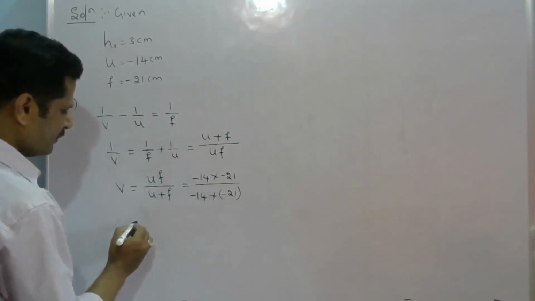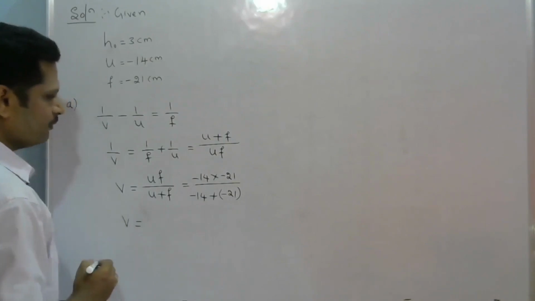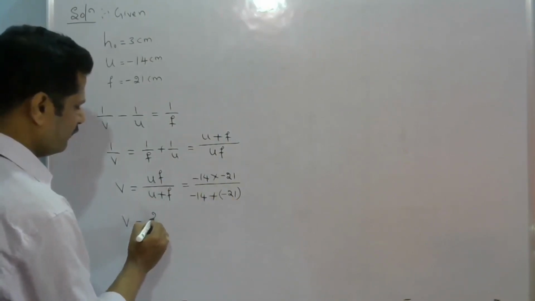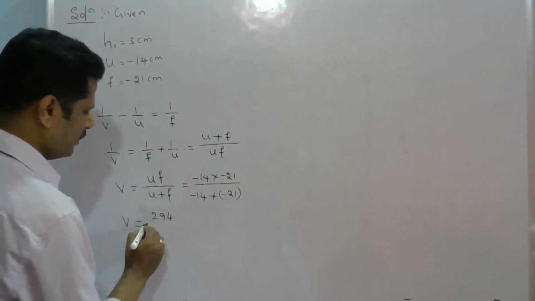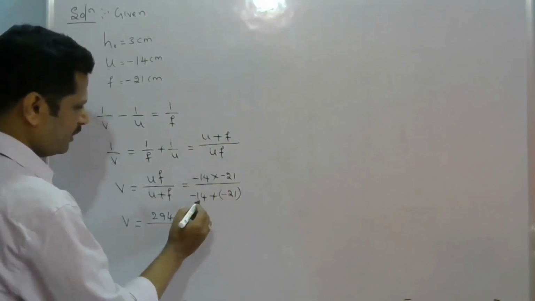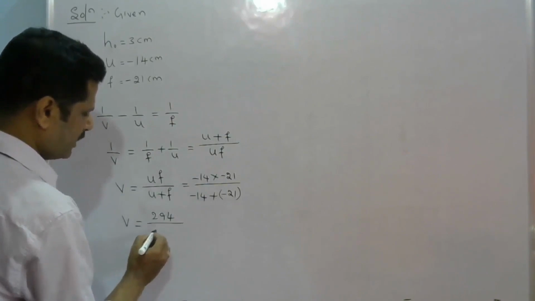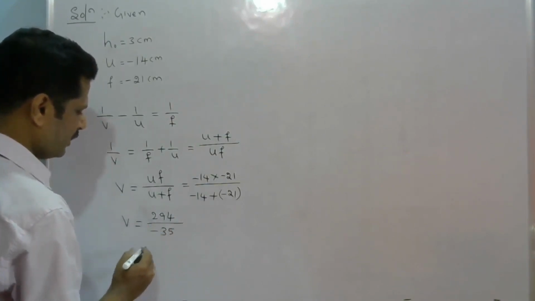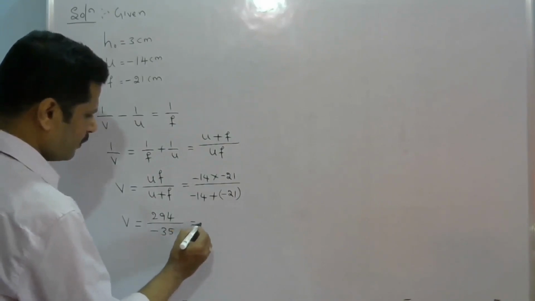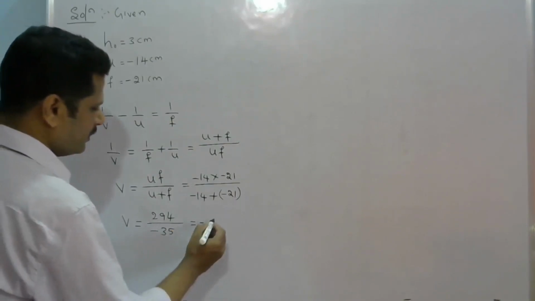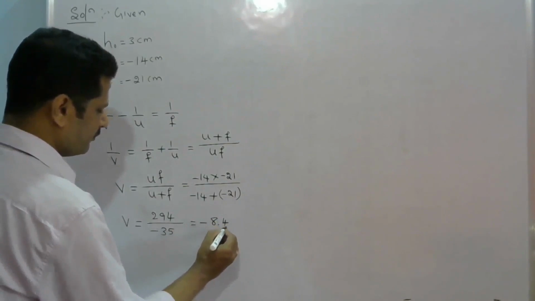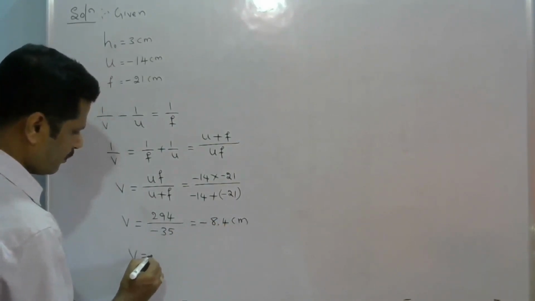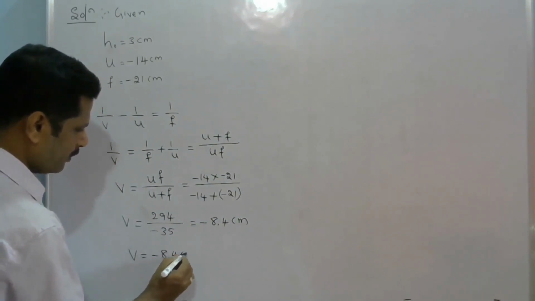On simplifying this, we get V equals 14 into 21, 294, divided by minus into minus, it is plus, and here minus 14 minus 21 becomes minus 35. So 294 divided by minus 35 equals minus 8.4 centimeter. That is, V equals minus 8.4 centimeter.